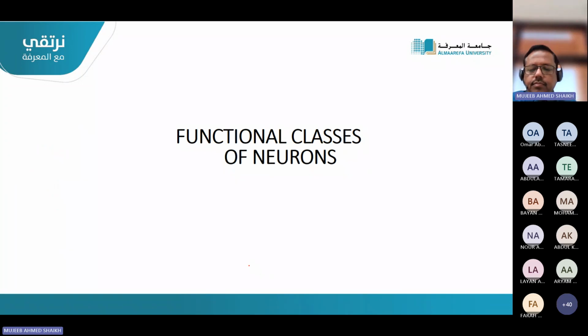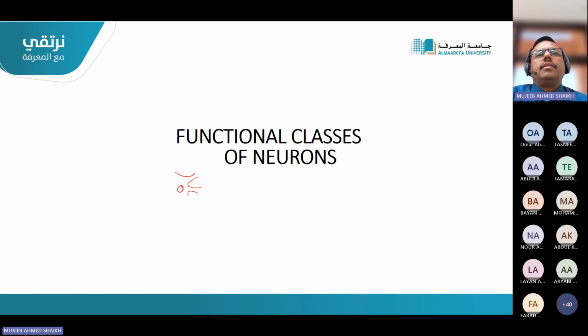Okay. Coming to the basic structural unit of the nervous system. Whenever we start to learn any organ, any system, we learn the basic structural unit of that, which is a cell. So the cell related to the nervous system is known as the neuron. What are the parts of the neuron?